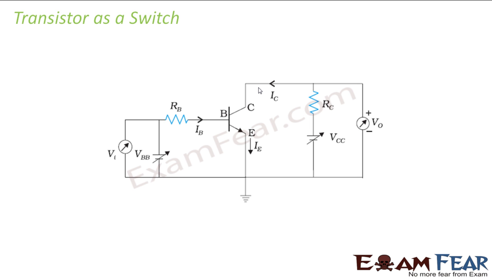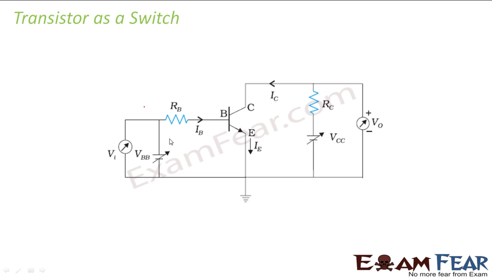Now let us look at this circuit and see what happens as the input voltage is applied and gradually increased. Forget about the switch for now. This is just a transistor in common emitter configuration, where the biasing voltages VBB and VCC are variable, I mean, you can change them.